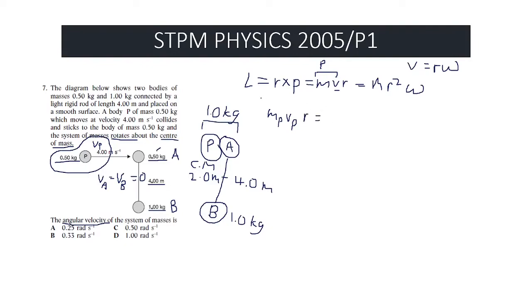Since the whole thing is conserved, the total momentum is still the same after the collision, but now the momentum is shared by these three masses. So we write it all down: ma r squared omega plus mb r squared omega plus mp r squared omega, and we can cancel this r.